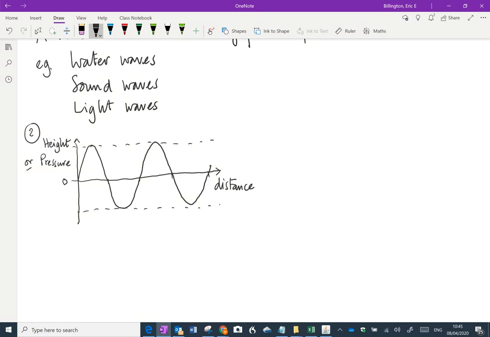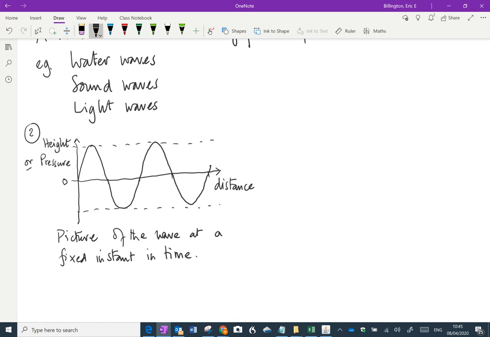Well, yes, this picture is a snapshot or a photo or a picture of the wave at a fixed instant in time. So what we've done is we've taken like a photograph of the wave, and that's what it looks like.